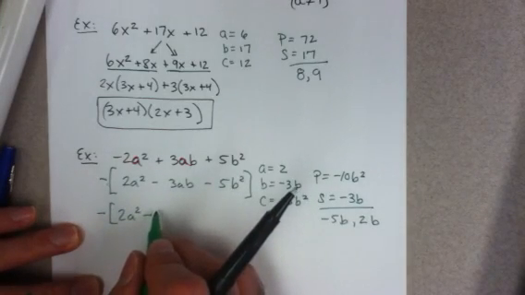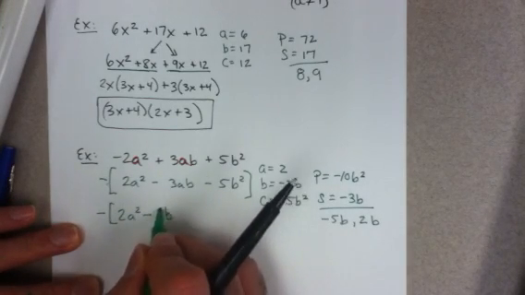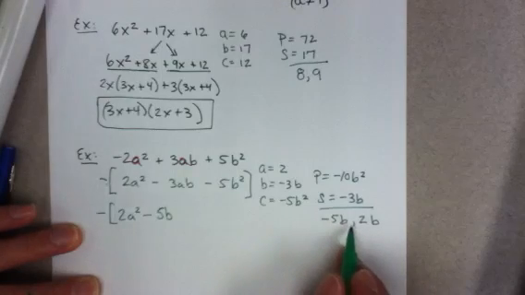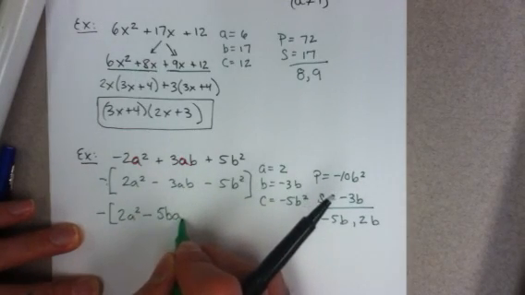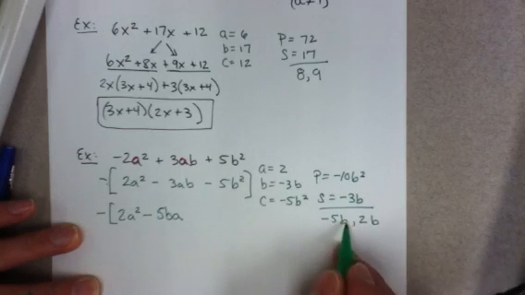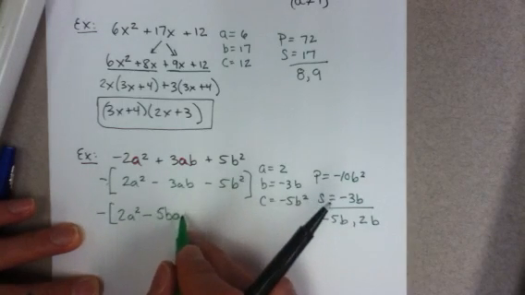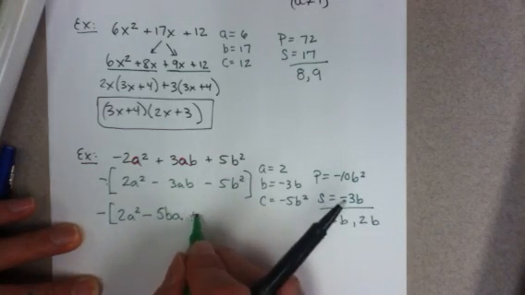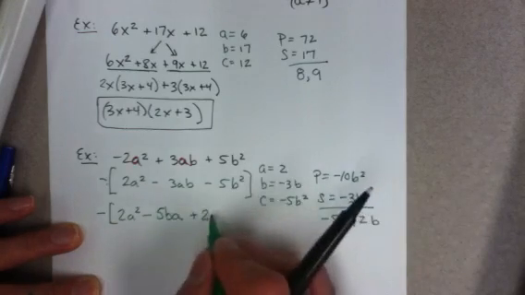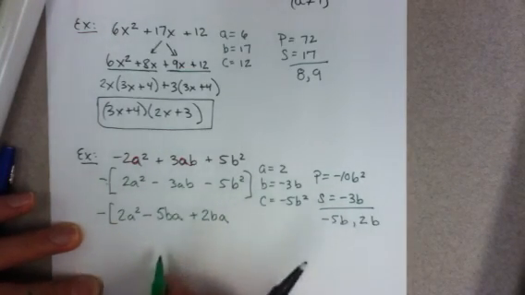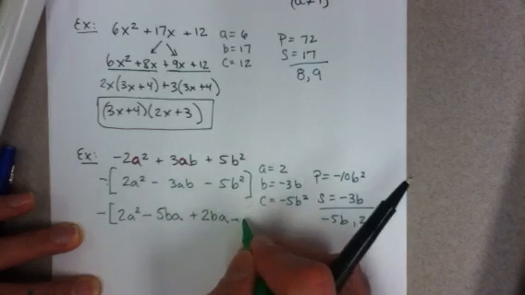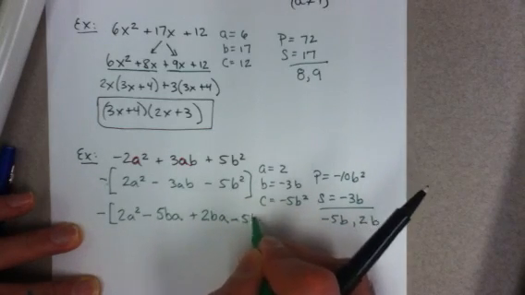So those two terms are going to have to be -5b. However, they have to be like terms with this, so a has to be included as well. The 5b part came from over here, but they have to be like terms, meaning we need the a, and then we'll also put plus 2ba. And you can write ab or ba, the order of those doesn't matter. And then the last part we'll just bring down as -5b squared.